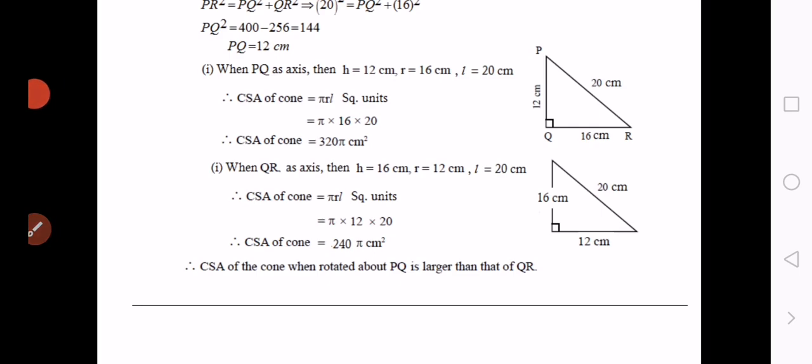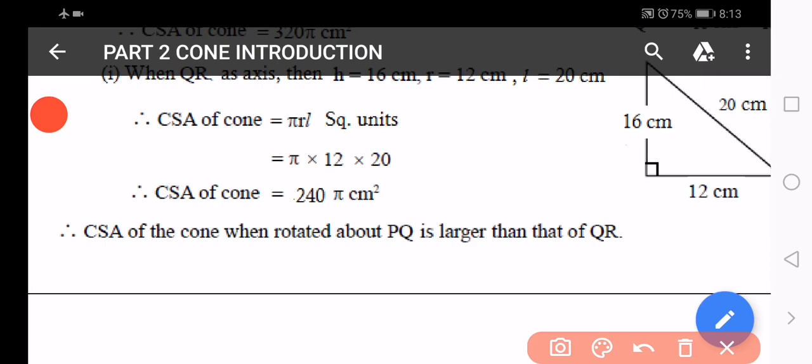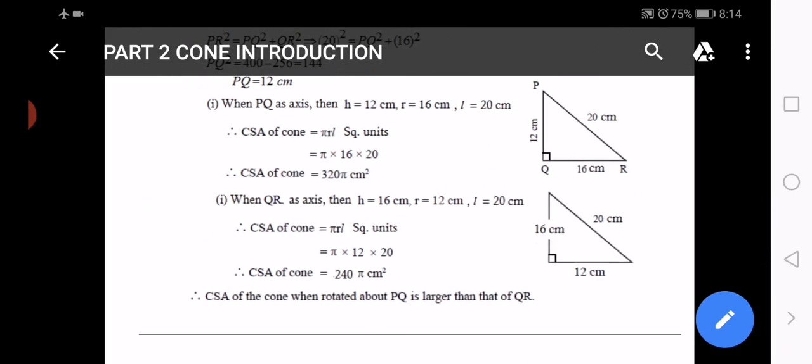So now the curved surface area of the second cone is equal to pi r l square units. Here r is 12 centimeter, l is 20 centimeter. We apply this and get 240 pi centimeter square. In the question they asked to compare the curved surface areas of the cones formed by rotating two different sides. The curved surface area of the first cone is 320 pi centimeter square.